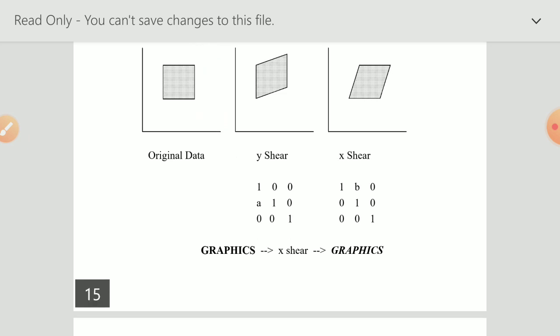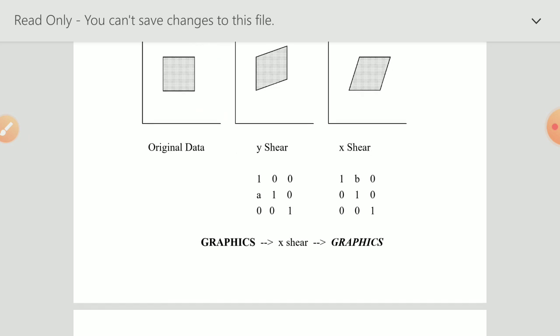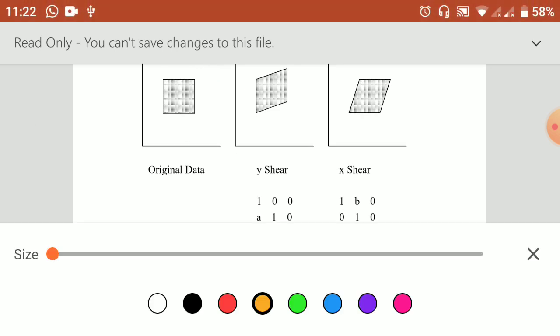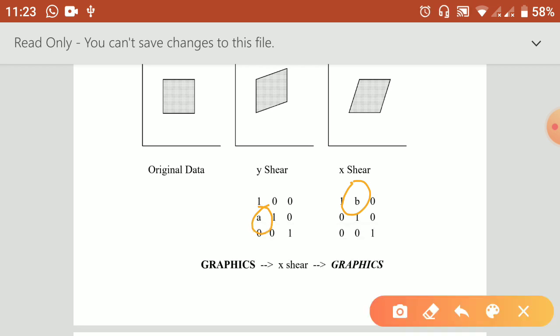Shearing we have discussed, and this is the shear value, x shear and y shear. If it is y shear, then the shearing matrix will be like this, and b is y. The y shearing value is a and the x shear value is b.